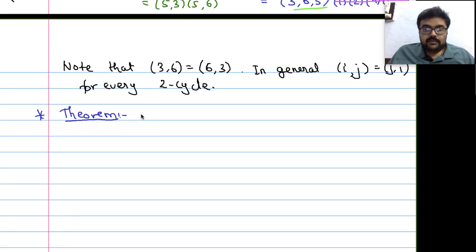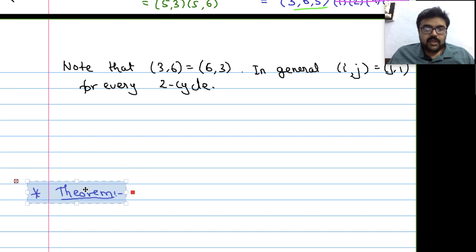Before the theorem, let me define a new word for 2-cycles.